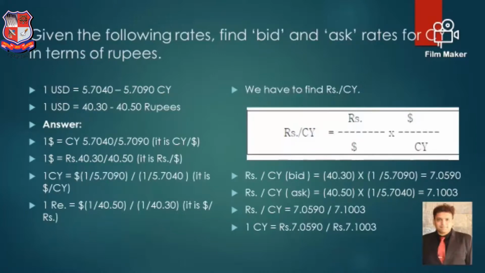So our job is to find the rate between rupees and Chinese yuan. If I'm quoting the rates given in the example, we should write them as the first one Chinese yuan per dollar, and the second rupees per dollar.